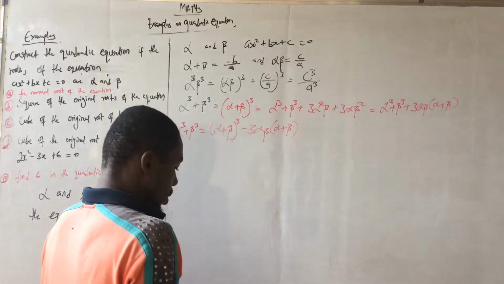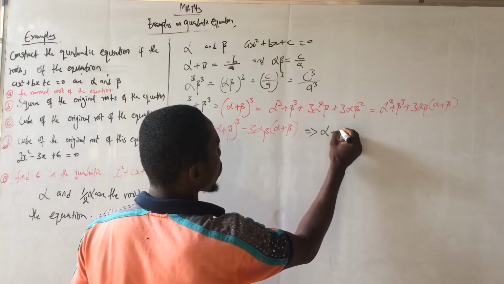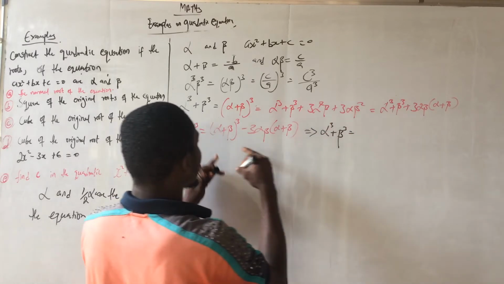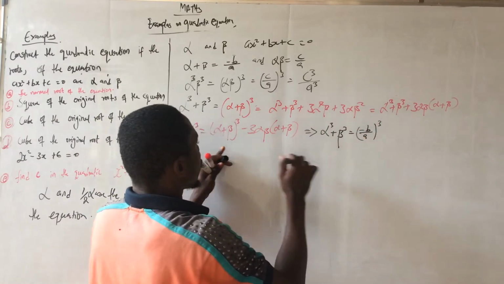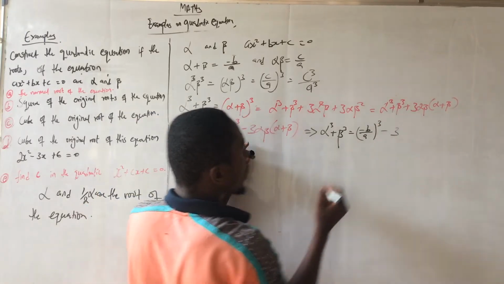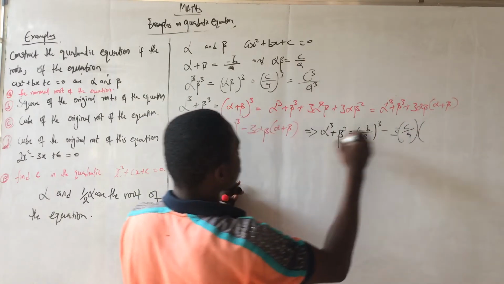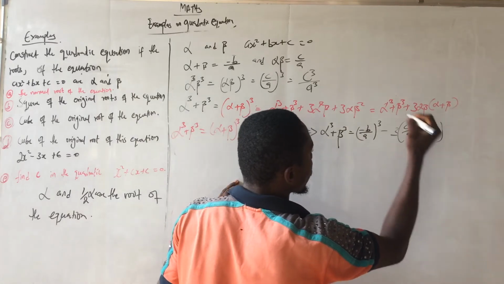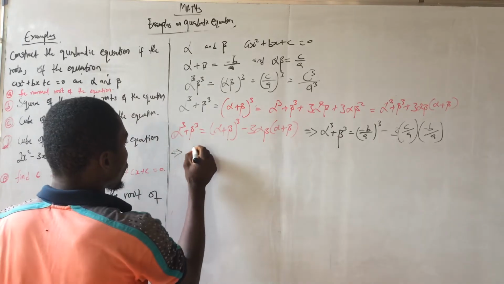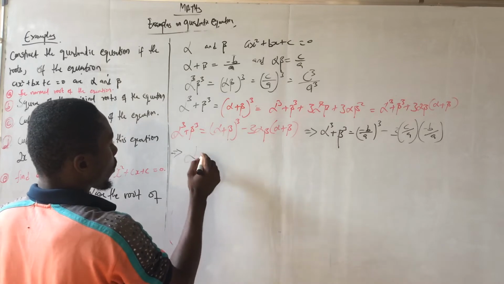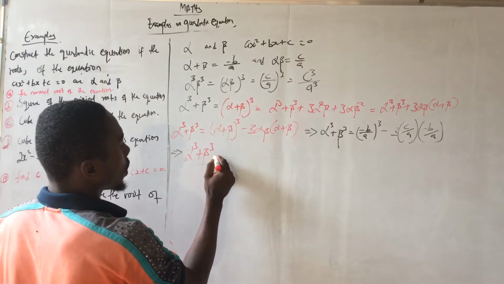So alpha cube plus beta cube is equal to minus b over a, all cubed, minus 3 alpha beta, which is c over a, times alpha plus beta, which is minus b over a. I continue from here.